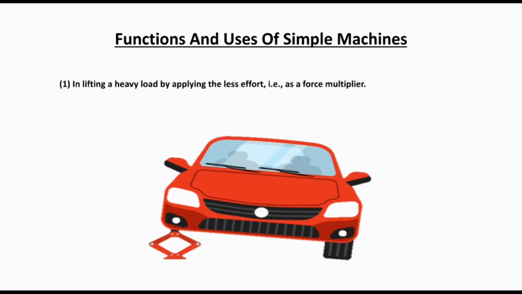Thus, here the force applied, that is the effort force, gets multiplied using a jack in order to lift the car with very less effort. Thus, here the jack acts as a simple machine used as a force multiplier.